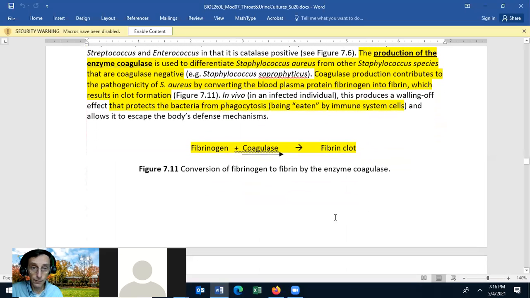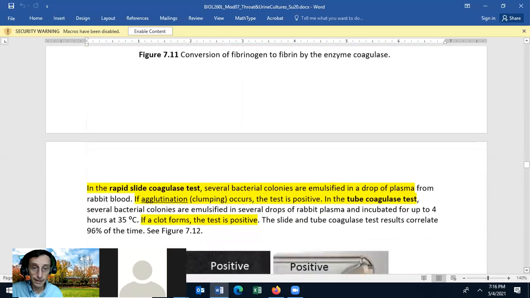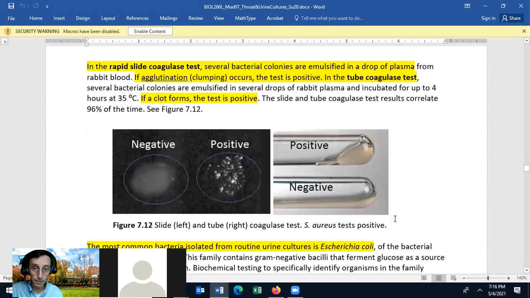This is showing you fibrinogen, and coagulase creates a fibrin clot, which is seen right here. This is clotting, this is not clotting. So this would be coagulase positive, this would be coagulase negative.